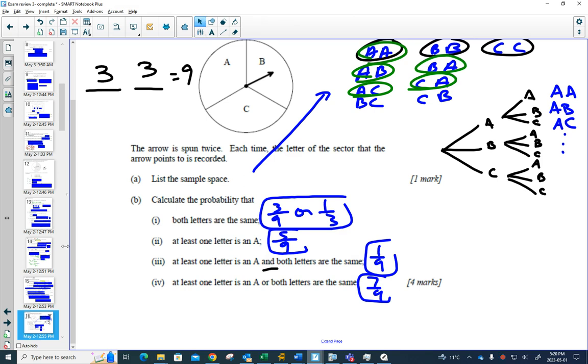Because it says "or", it's not okay just to add. You can't just add the 3 out of 9 and the 5 out of 9 together, because then you'll have counted the one that I circled in green and black twice. So you'd have to subtract that one. But in this situation, it's probably easiest just to go off the diagrams and count.